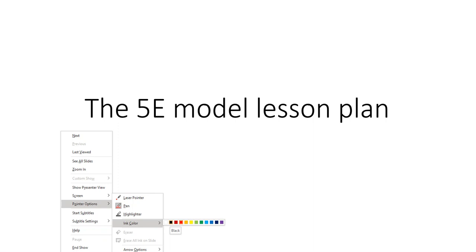So what is this 5E model lesson plan? This model is named 5E because we have 5 steps, and each step starts with E. That's what it is named for. And really, the 5E model lesson plan is, I think, a very easy lesson plan to follow.